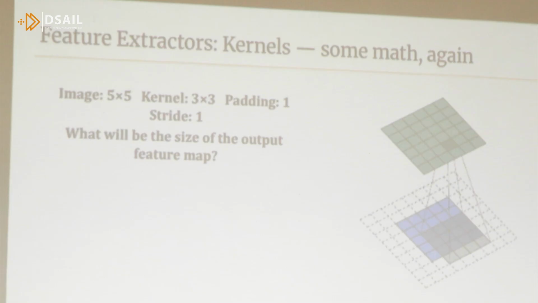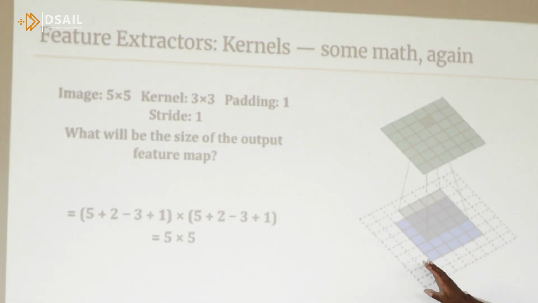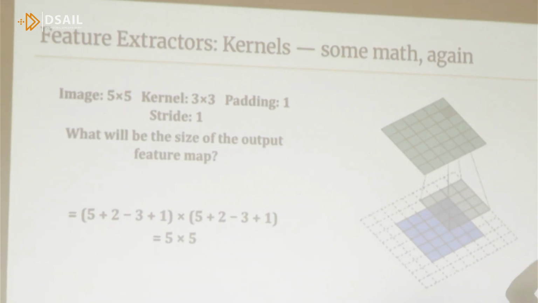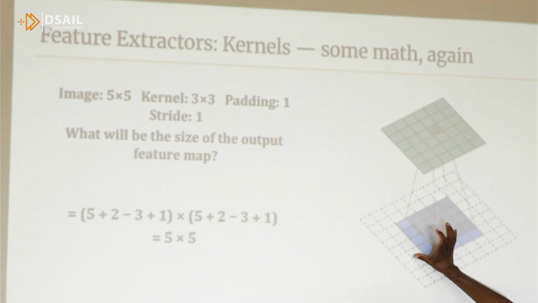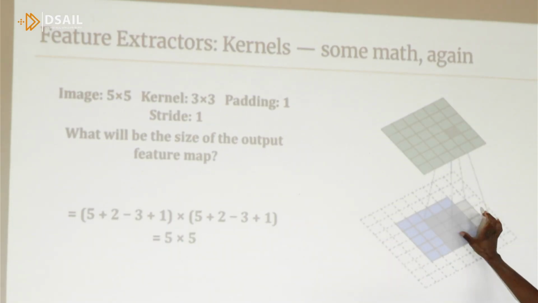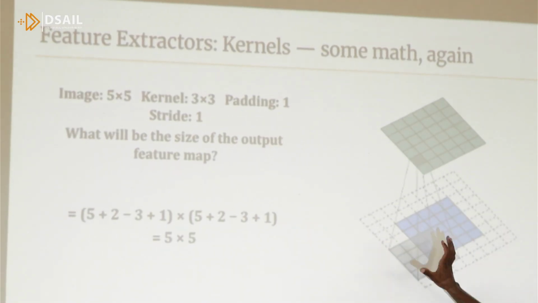So 4 by 4 is close, but remember that the padding of 1 is all around the image. So essentially, you assume now your image is 2 more dimensions larger. So it's like you just have the 5 by 5, but then 1, 2. So it now becomes 7 by 7. Then we minus 3 because that's the initial position it will take. And then how many steps can you take from there? That's 4 for the remaining pixels, but then plus the initial position.